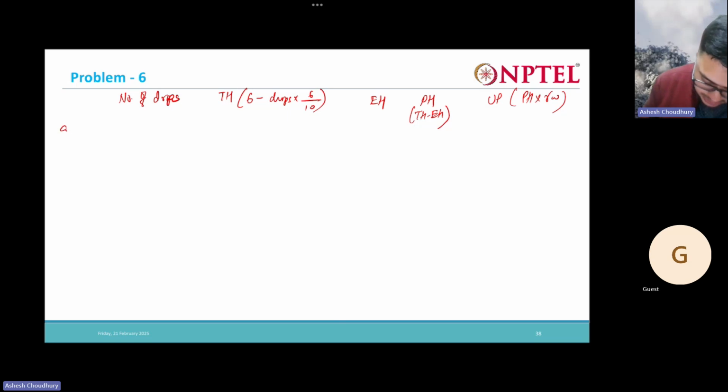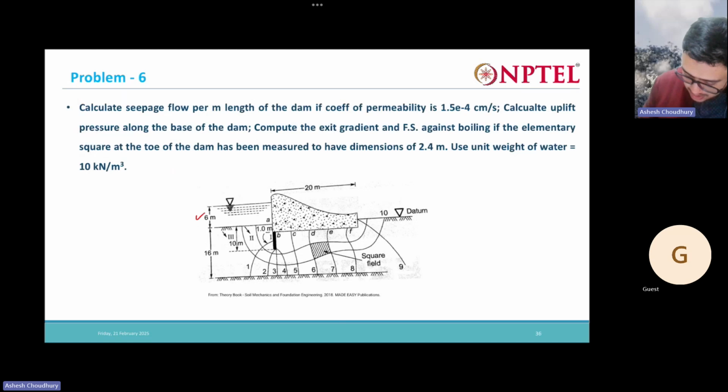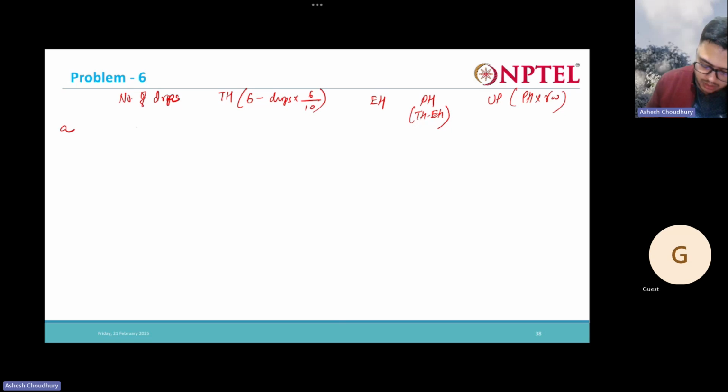Right, at point A we have the number of drops. A is somewhere here. From here to here it's 1 drop, so we can say 0.5 drops approximately up to this point. The number of drops is 0.5. So this will be 6 minus 0.5 into 6 by 10, which is 5.7.